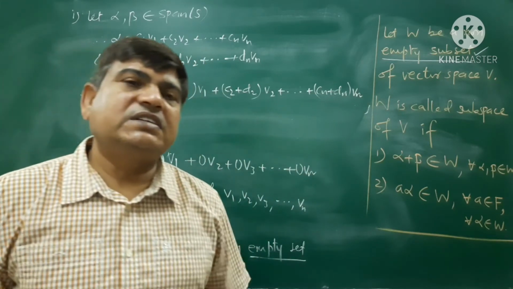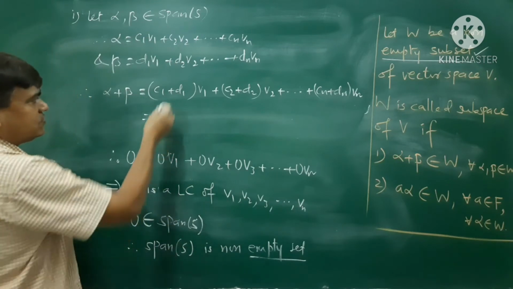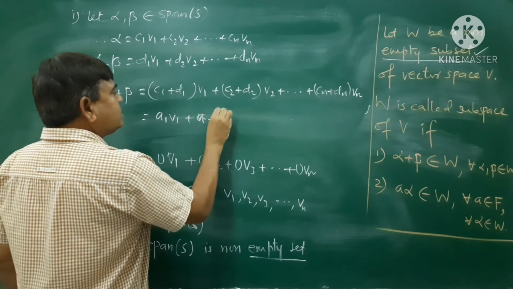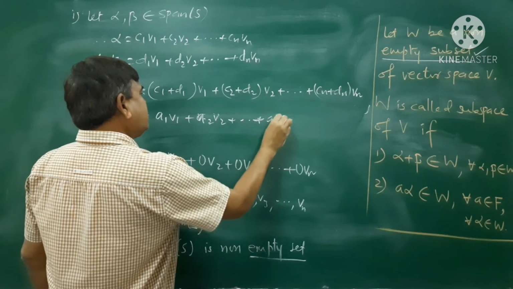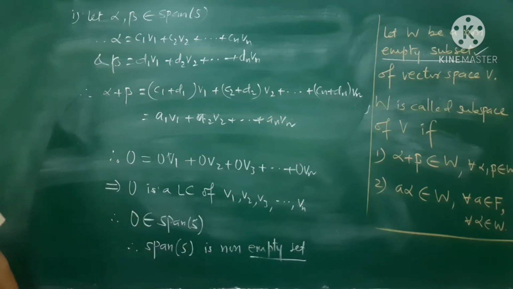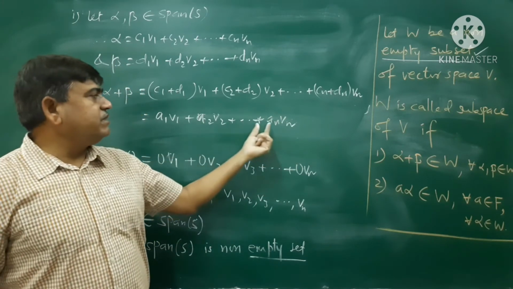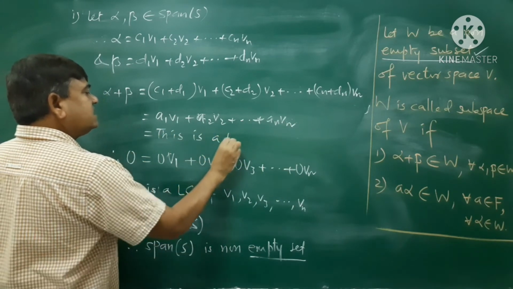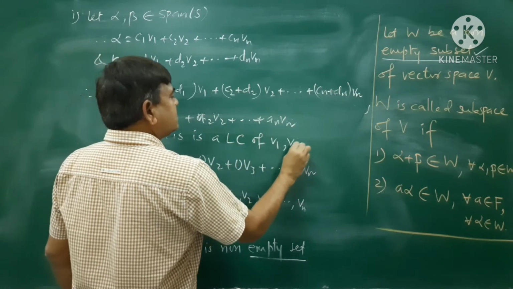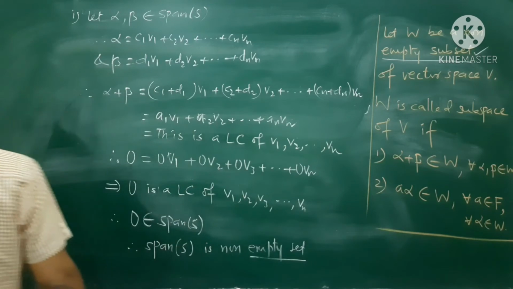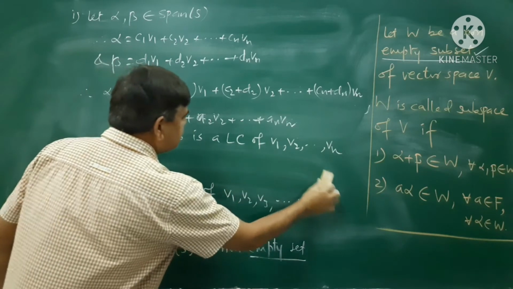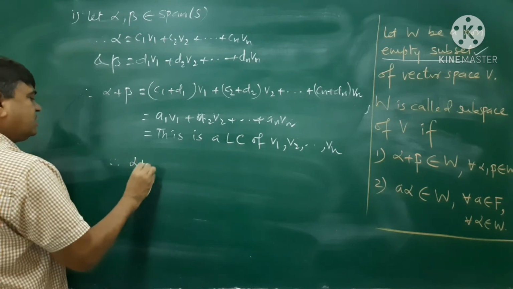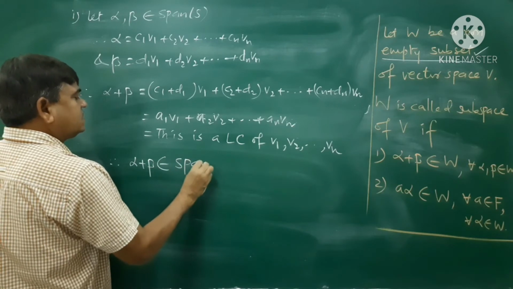C1 and D1 both are scalars, and the sum of two scalars is again a scalar. So let us suppose this scalar is A1. So it is A1 V1 plus A2 V2 up to An Vn. That means alpha plus beta is a linear combination of V1, V2 up to Vn, and if it is a linear combination, then it is a member of span S. Therefore, alpha plus beta belongs to span S.